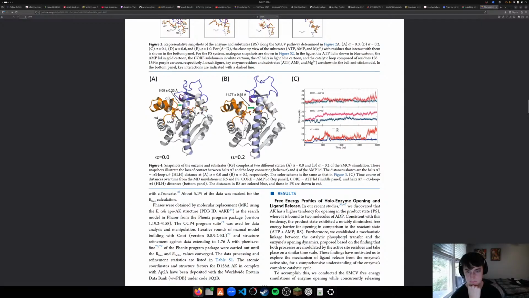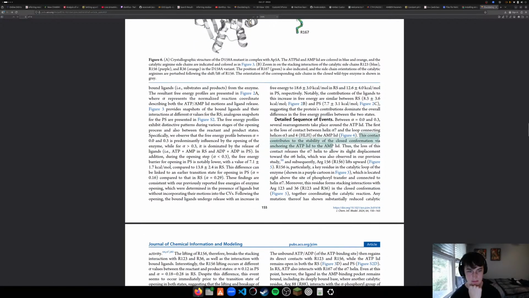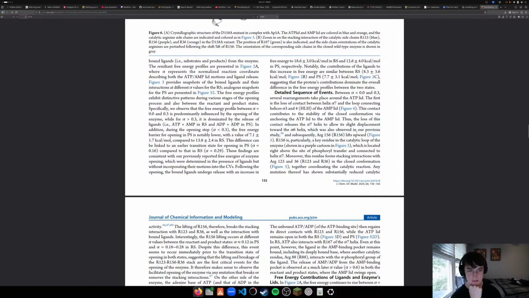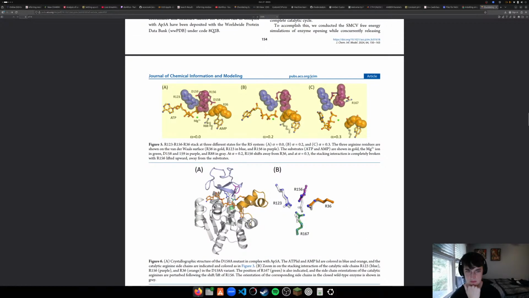That's cool. Thus the loss of the contact. That's a slight displacement, which was also observed in a previous study. Subsequent arginine 156 lifts upward. It's a key residue in the catalytic loop of the enzyme, which is located right above. So arginine 156 lifts upward.